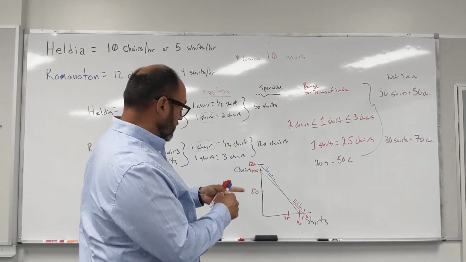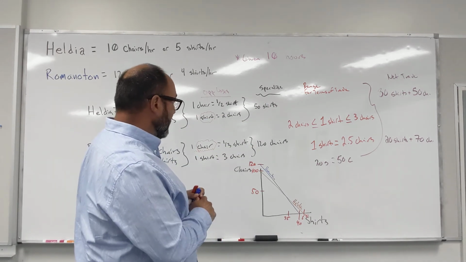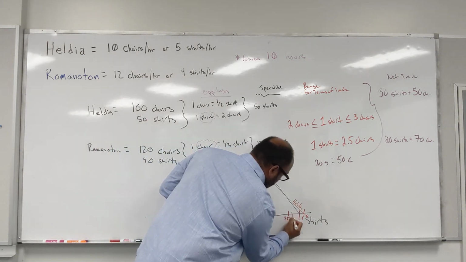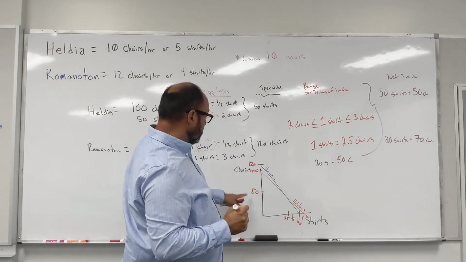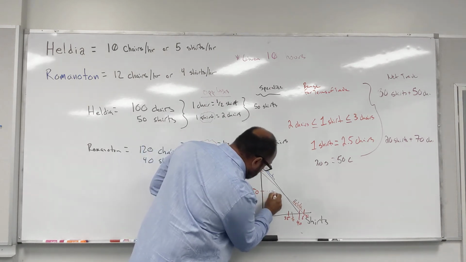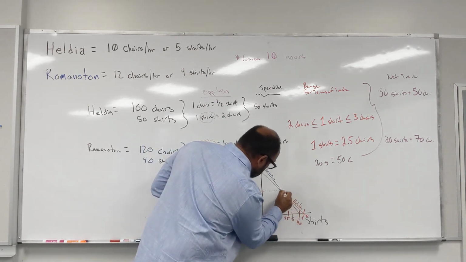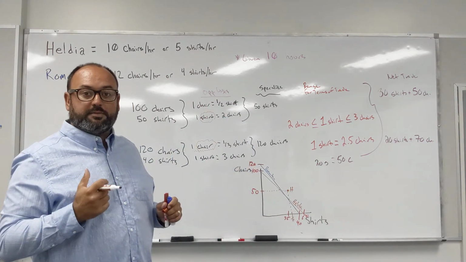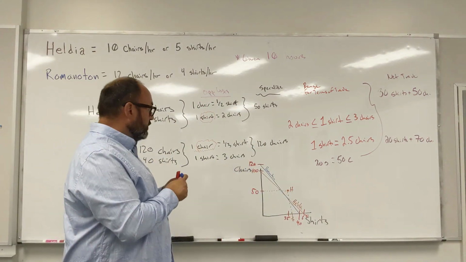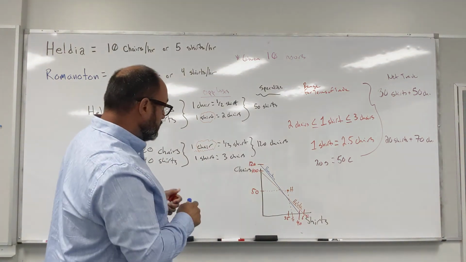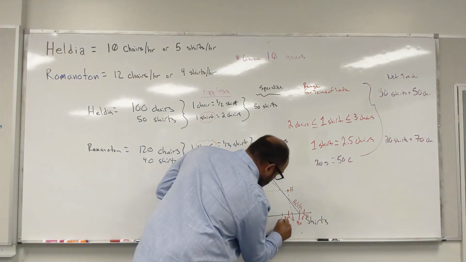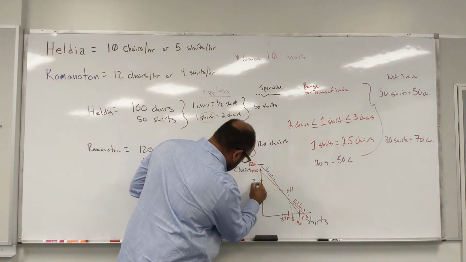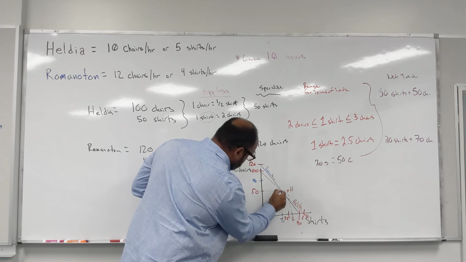We end up with Heldia, which we're going to plot as point H, at 30 shirts, which we'll put here, 30, and 50, we'll dot out. Point H, beyond its ability to produce on its own. And for Romanotin, we will take 20 shirts, which we will put here, and 70 chairs, dot out.